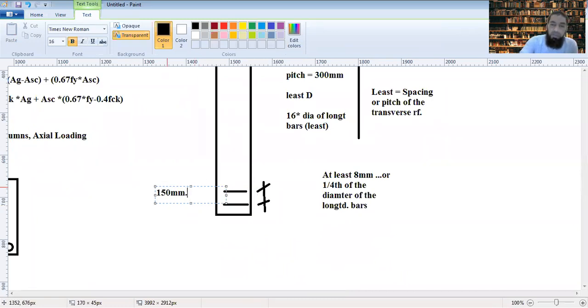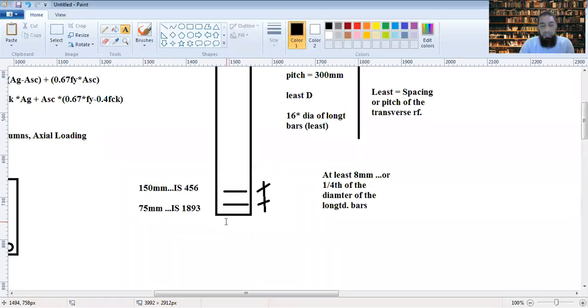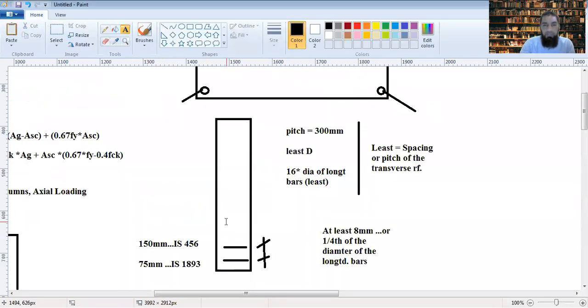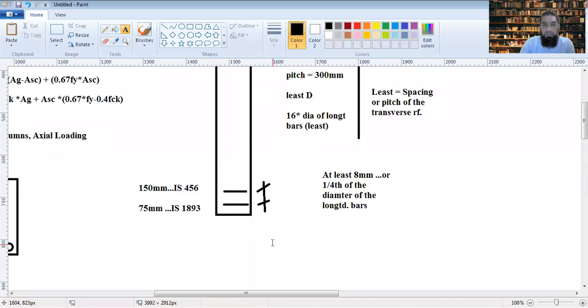But if you go to the earthquake code later on, 75 mm is recommended as per IS 1893, as the minimum pitch or minimum spacing between the lateral ties.